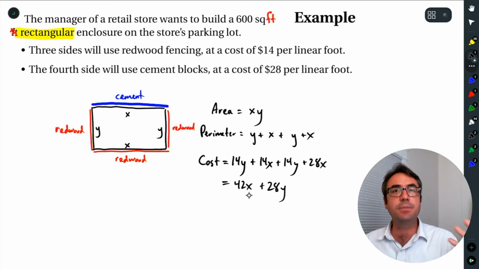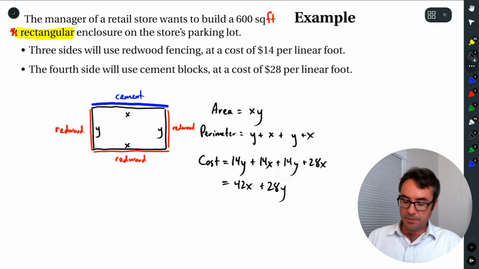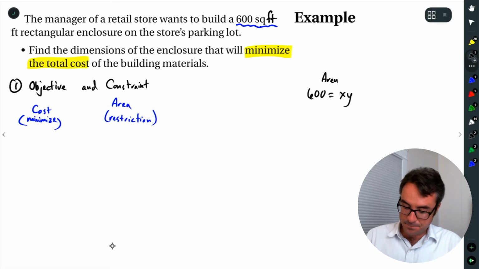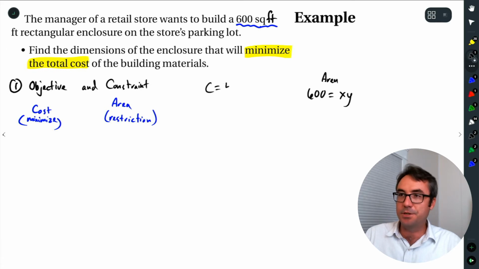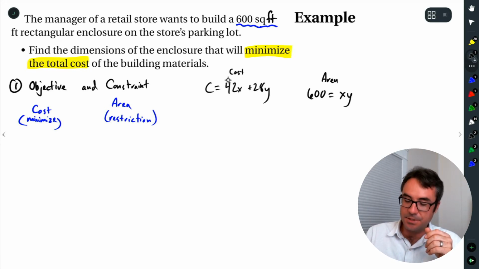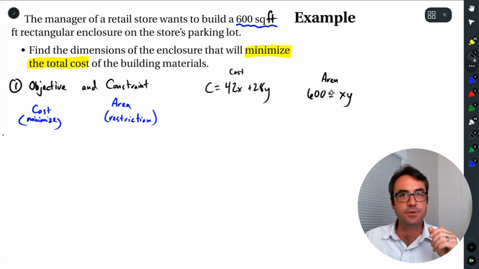So this is actually going to be a function. Let's call that function c for cost. It was 42x plus 28y. And that's our cost. So this is our objective. This is our constraint.